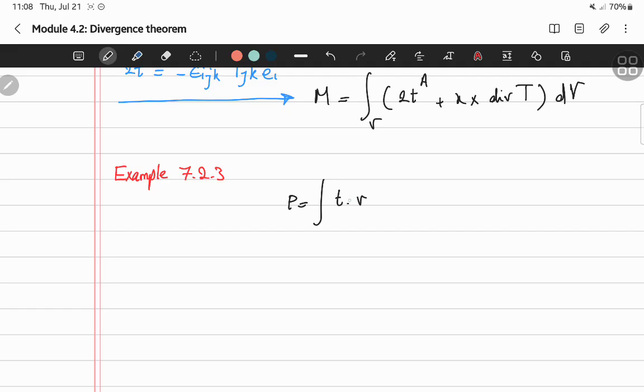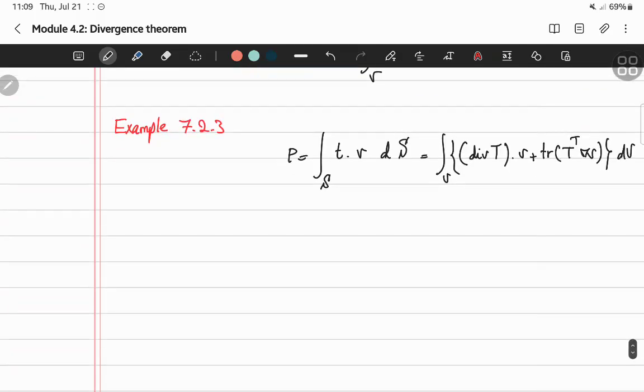So that's why we have v in here. ds over s is equal to the integral of the divergence of t dot v plus the trace of t transpose del v whole dv over v.